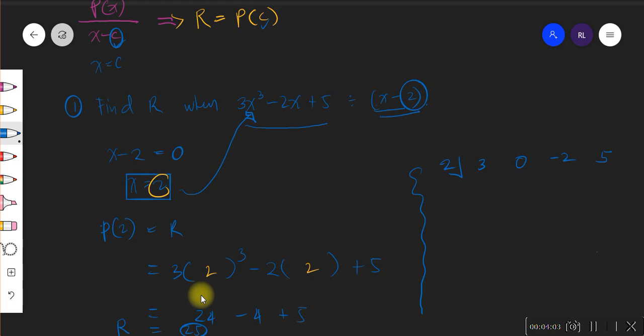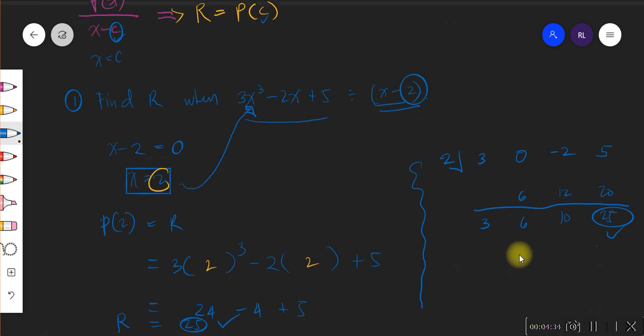We have 3, then 2 times 3 becomes 6, 0 plus 6 is 6, 2 times 6 becomes 12, negative 2 plus 12 becomes 10, 2 times 10 becomes 20, and 5 plus 20 becomes 25. So it matches, and you can find the remainder without synthetic division.